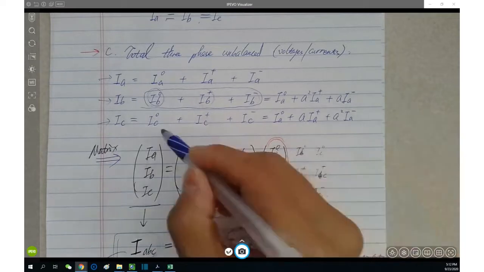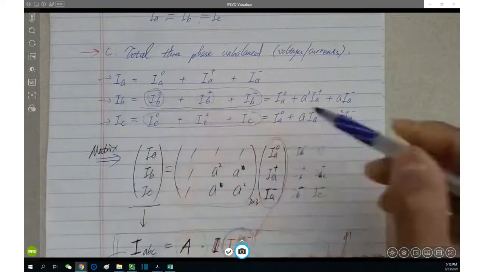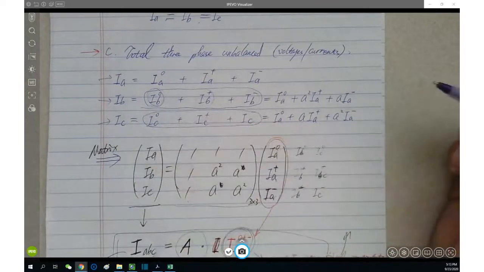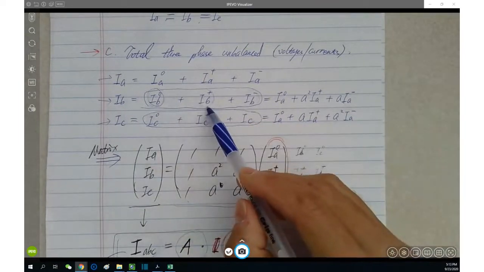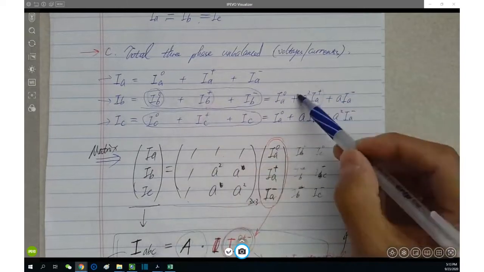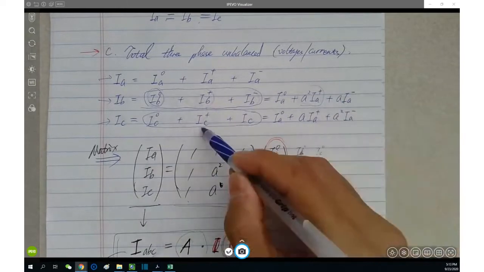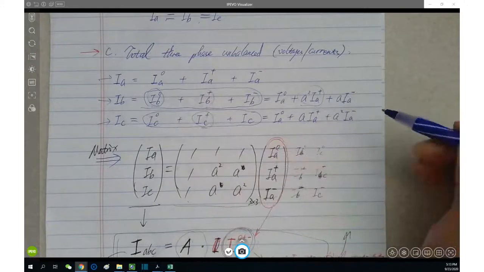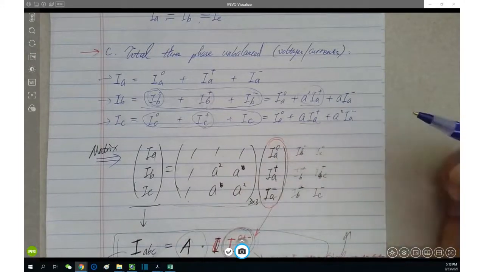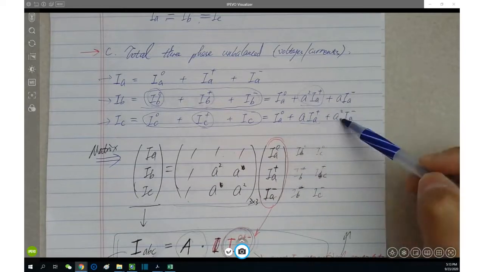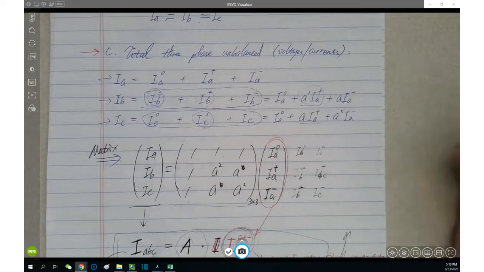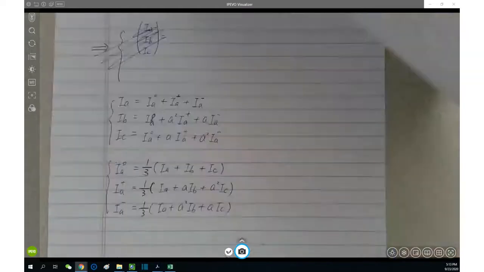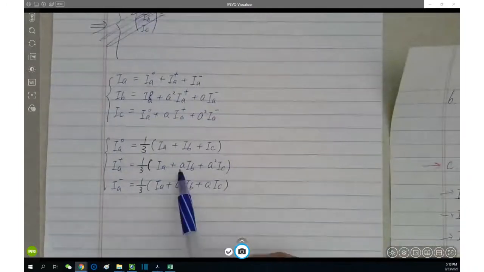Yes, it's completely because of here. You're substituting the IB plus by a square IA plus, and then you substitute IC plus by a times IA plus. So you're seeing a square here, a square here, a here, and a here. And here, it's the same thing.